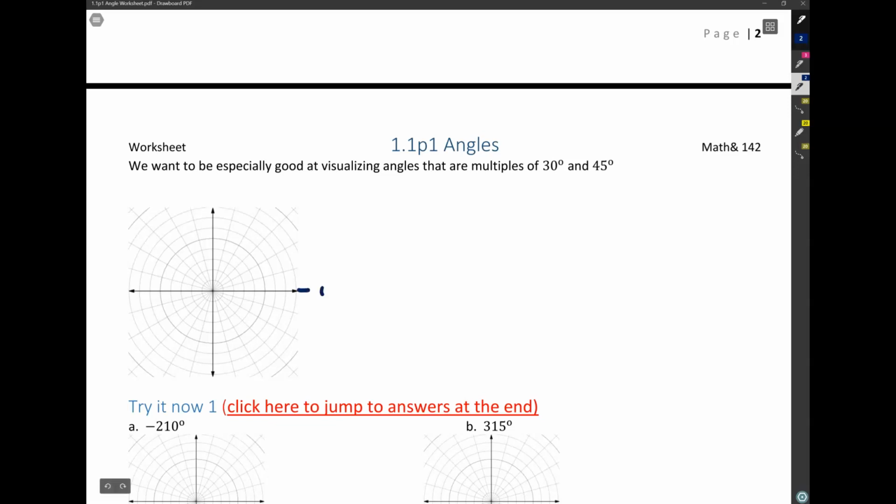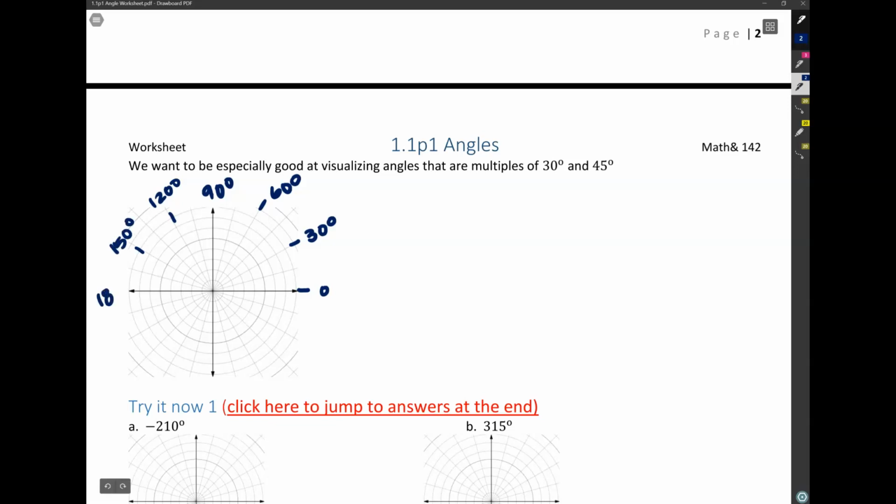So if this is 0, then this is 30, 60, and even without the grid, just this idea of we know 90 gets us a quarter of the way around, so we're doing 3 30s to get to 90. And then 90 plus 30, this is 120. 120 plus 30, this is 150.